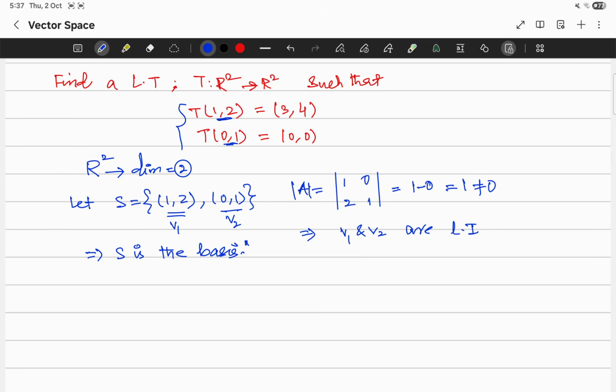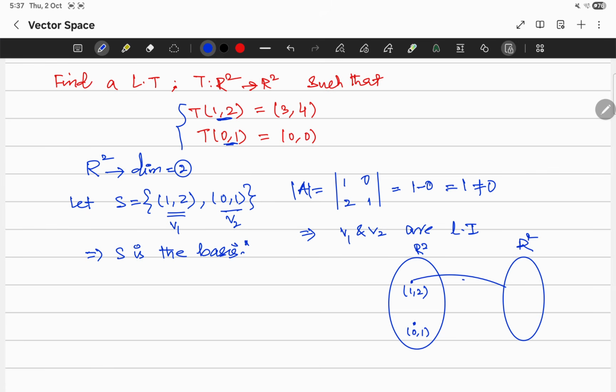So when it becomes the basis, you have R2 given, and here R2 given, and here you have the point 1 comma 2, and here the point 0 comma 1. The image T of 1 comma 2 will give you 3 comma 4, and here it will give you 0 comma 0.